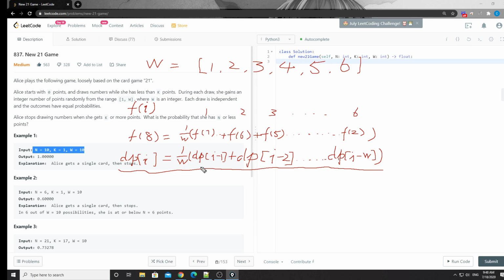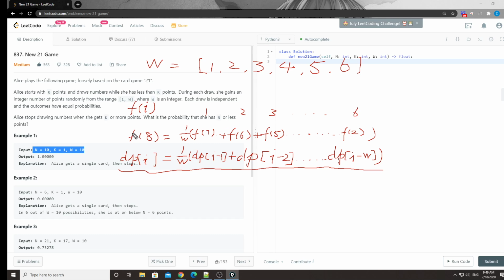Okay, so now let's say we have each point's probability here. How can we use it to get the result we need? It asks us, what's the probability that she can get n or less points? So what does this mean?